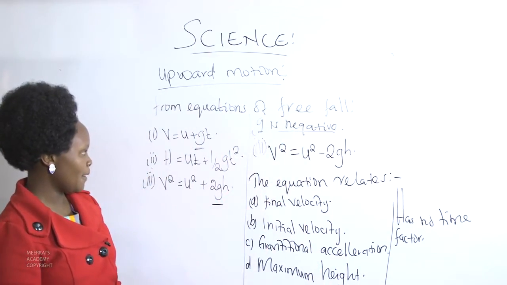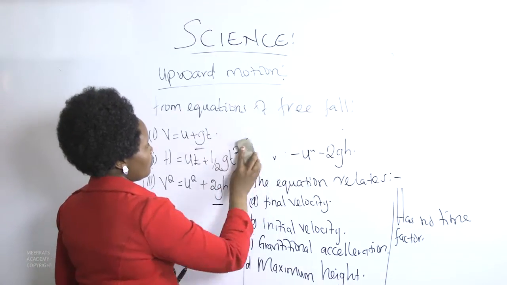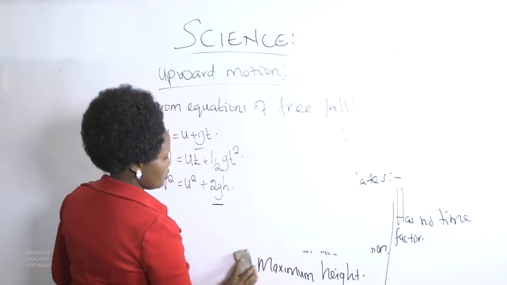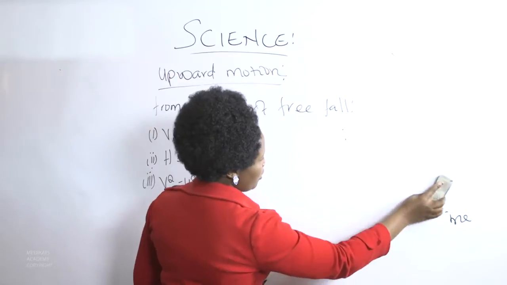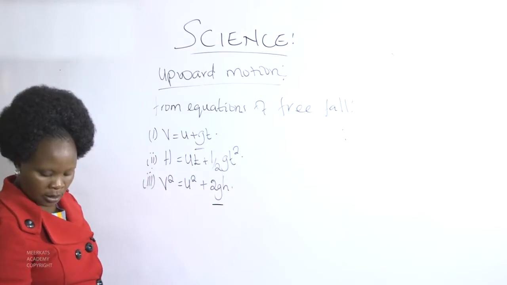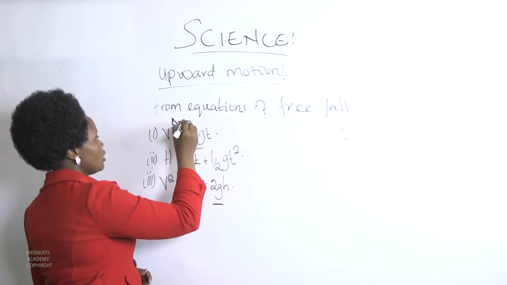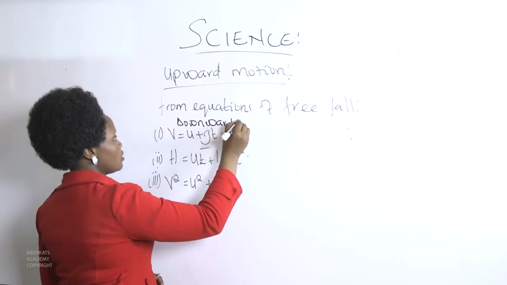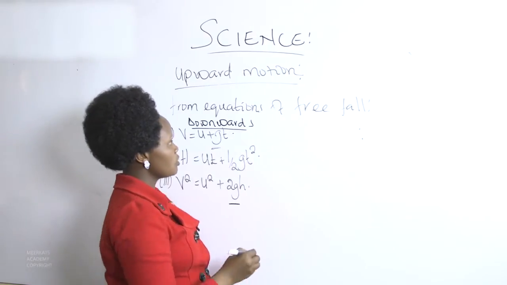Now, we have our equations both for a body moving upwards and that one moving downwards. If we are talking about a body that has been projected downwards, you use those equations.